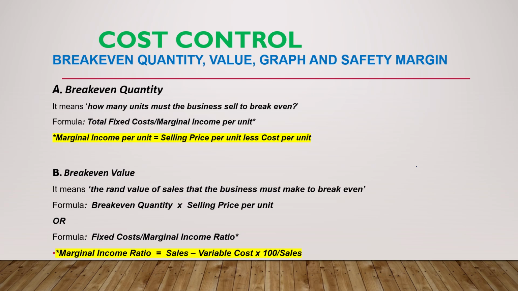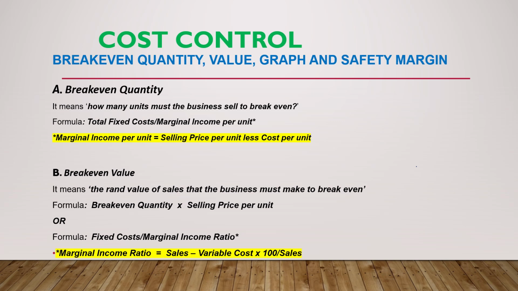But how much in terms of rands, in terms of value, are you going to get? This is what we are calculating here. It means the rand value of sales that the business must make to break even, right?